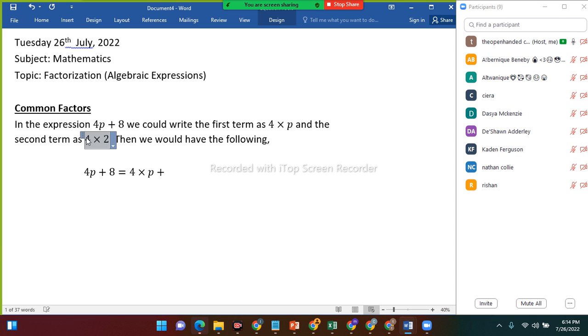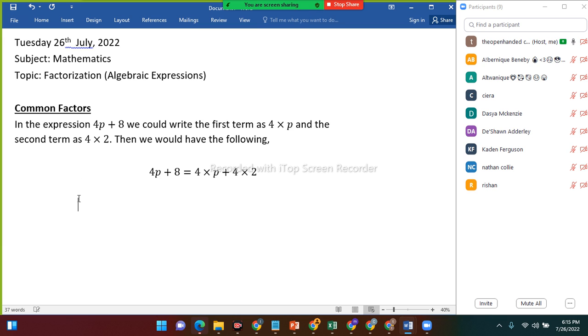So hopefully you see what we did there, right? We said, hey, look, we can take 4p plus 8, and we can write it as 4 times p, plus 4 times 2.